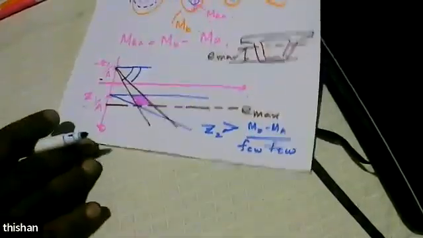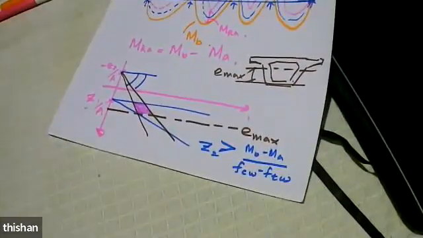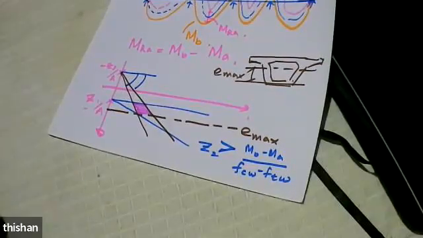So we derived an equation like that for a continuous beam. That's a summary of what we did last time.